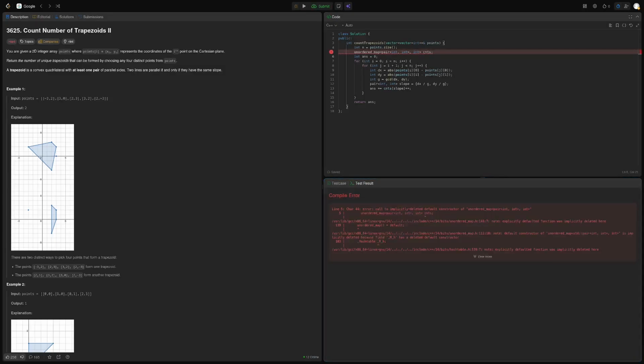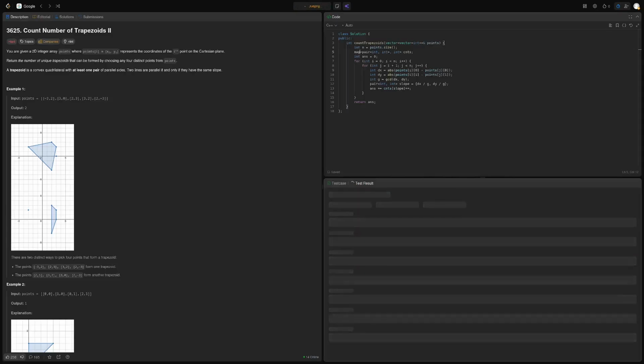And okay, you cannot hash a pair, which sucks. So looks like I cannot have pairs, so let's do a map for now, whatever.